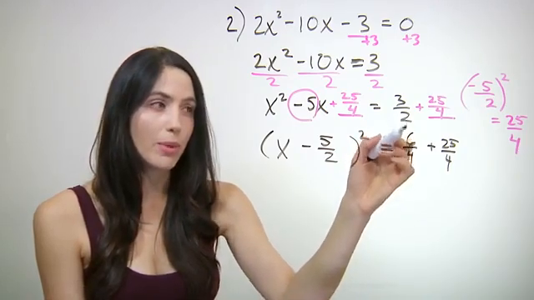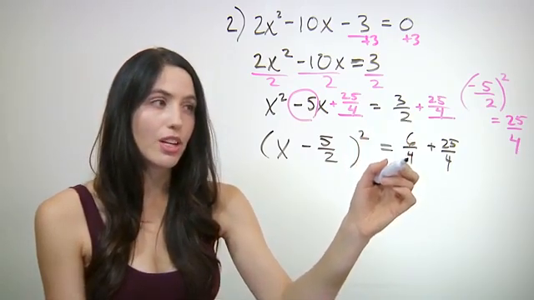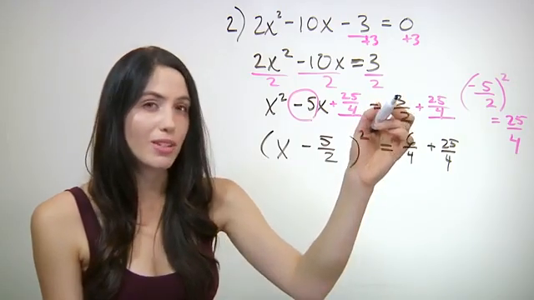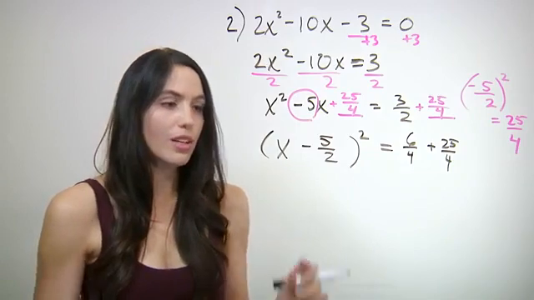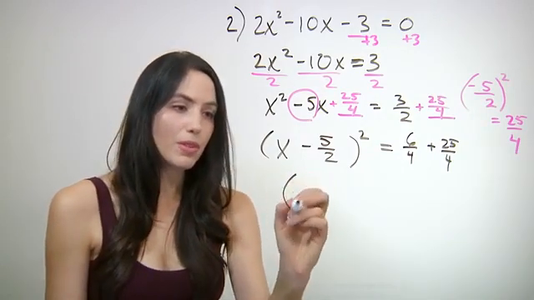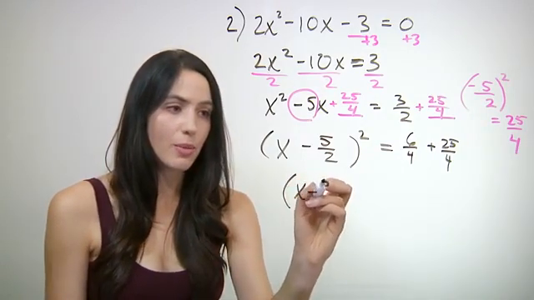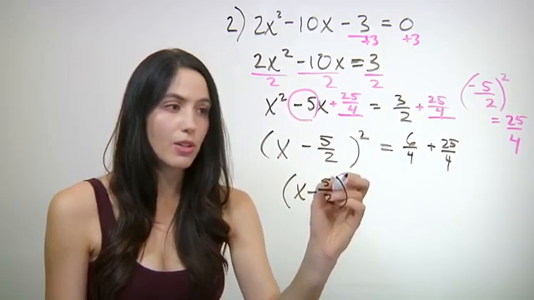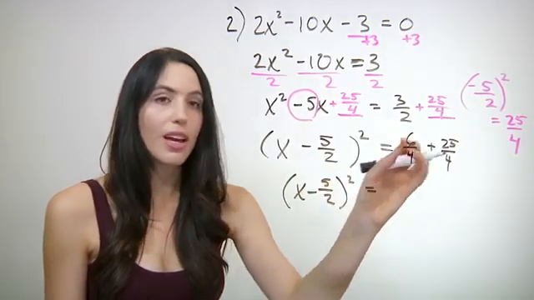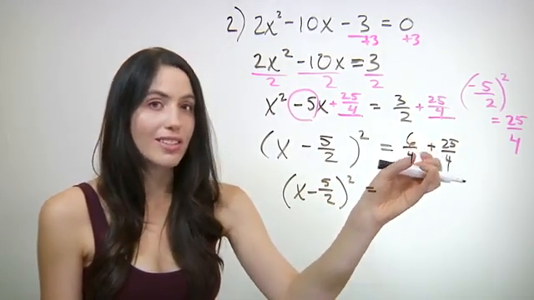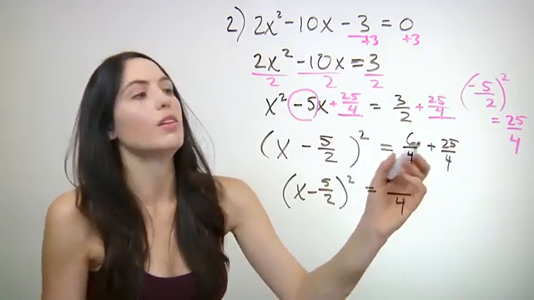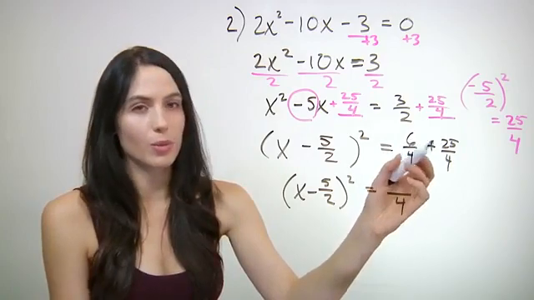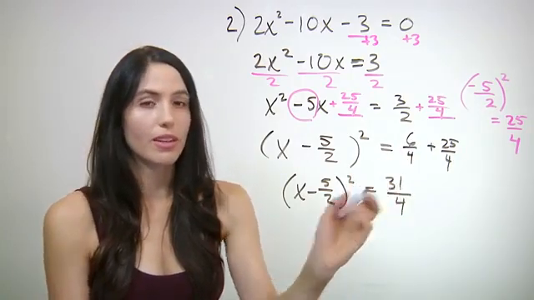If you multiply the bottom by 2 to get 4, you also have to multiply the top by 2 to get 6. So in the next line, you can rewrite this as x minus 5 halves squared equals, and combine the fractions. Since the denominators are the same, you keep it as 4. And the numerators you add. So 6 plus 25 gives you 31.